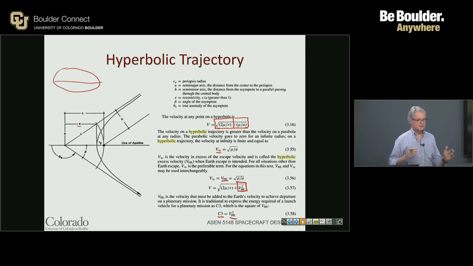The launch vehicle can give us that, or we can create it with a rocket on the spacecraft. If you're buying the rocket, suppliers like to talk in terms of a quantity called C3, which is hyperbolic excess velocity squared. And C3 will relate to the amount of mass that you want to put into orbit.